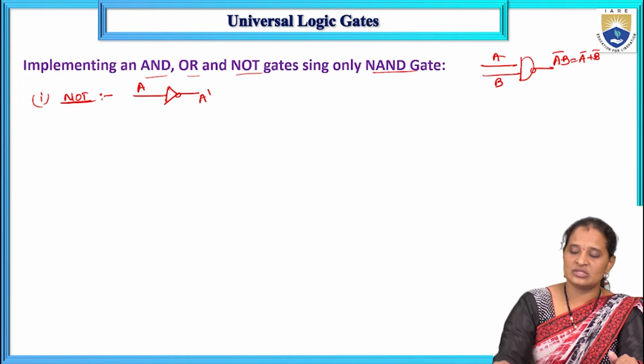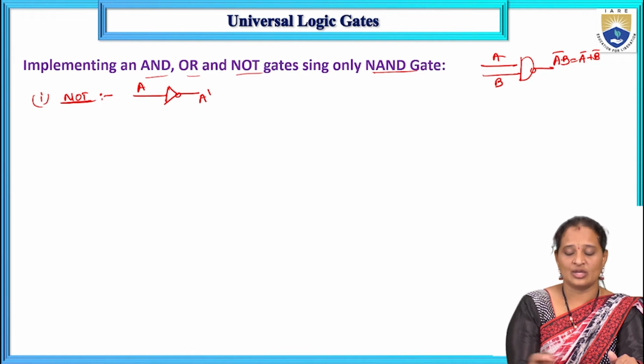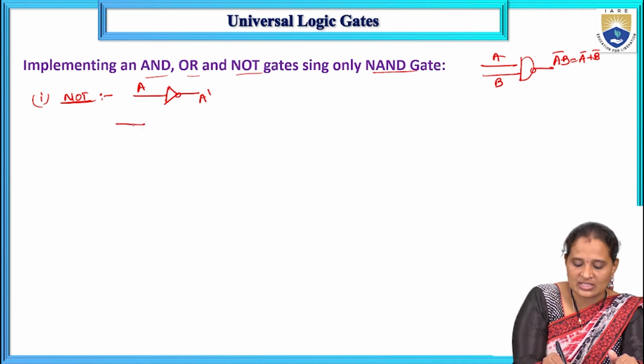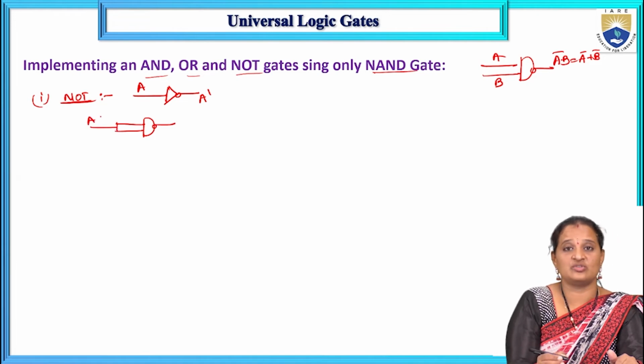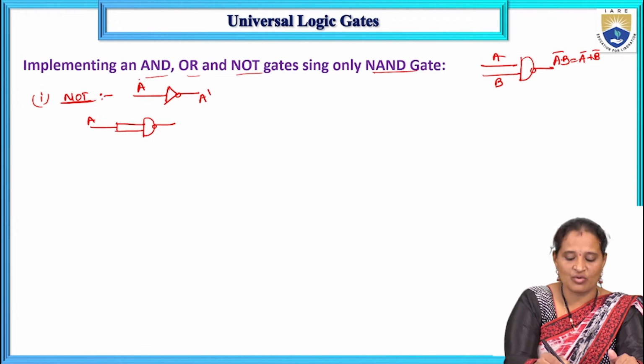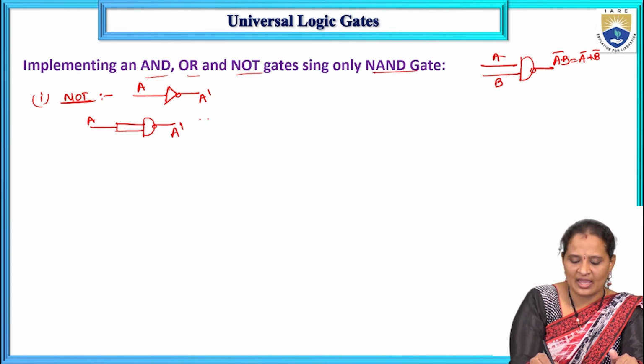Now, using this, I want to implement the NOT gate. How can I implement it? Just tie both the inputs of the NAND gate together and apply the single input which is to be complemented. As I want to complement A, I am tying both the inputs of the NAND gate to A, so that the output will be A bar. How do we get A bar here?